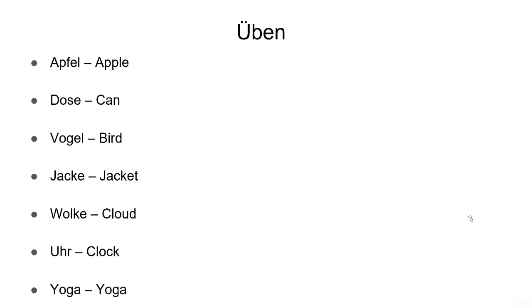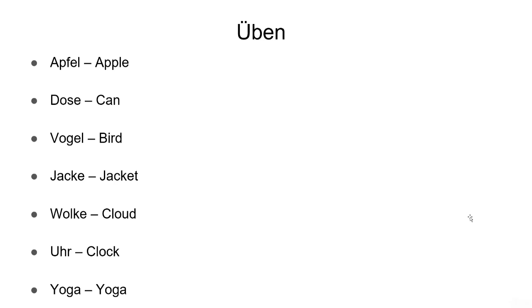Can. Vogel. Vogel means bird. Jacke. Jacke is jacket. And this is where you can see that the letter J is pronounced as Y.